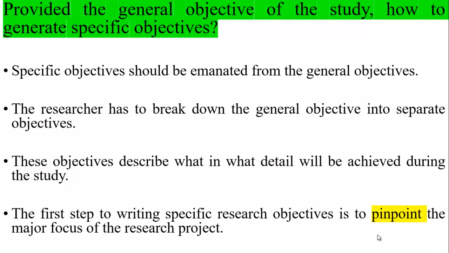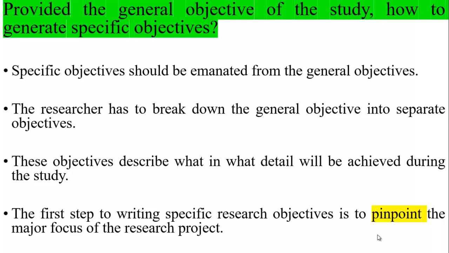And the conventional, implicit understanding is that for master's research, at least 3 specific objectives should be generated from the general objective. It can be 4, it can be 5, and it should not be greater than 5, between 3 and 5.